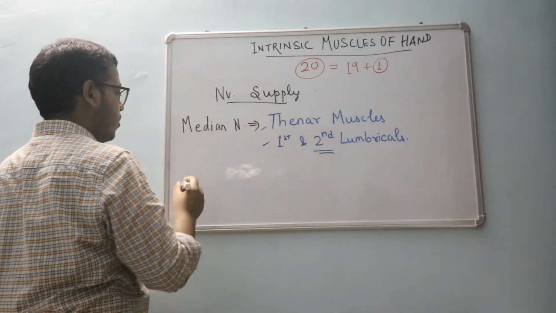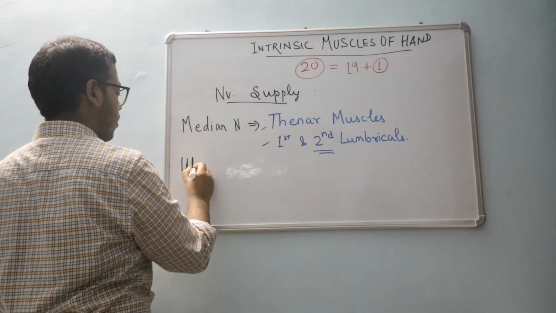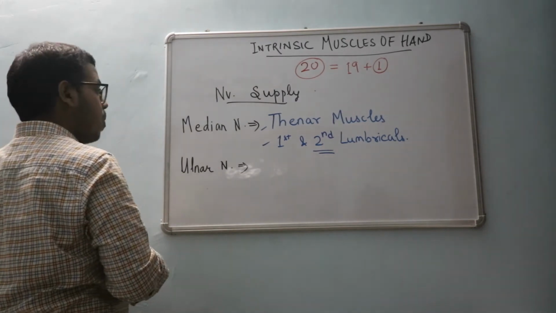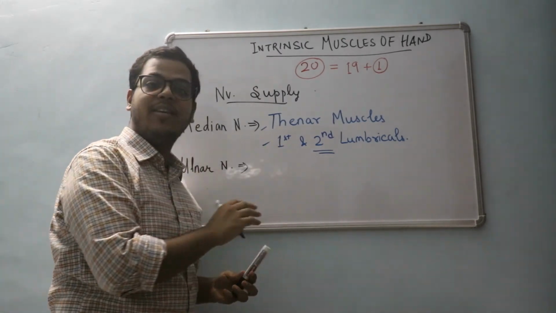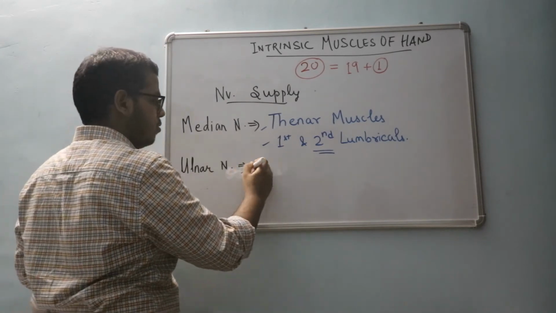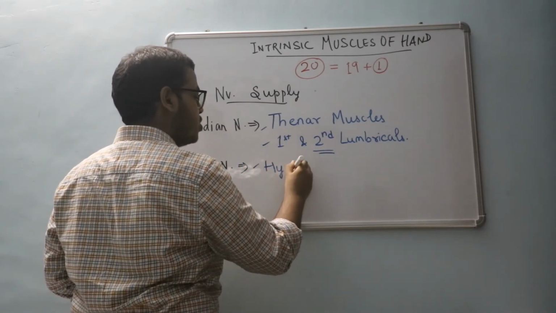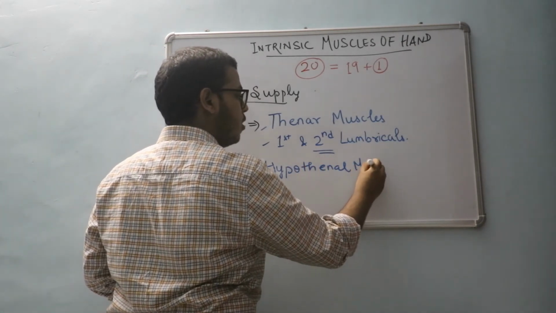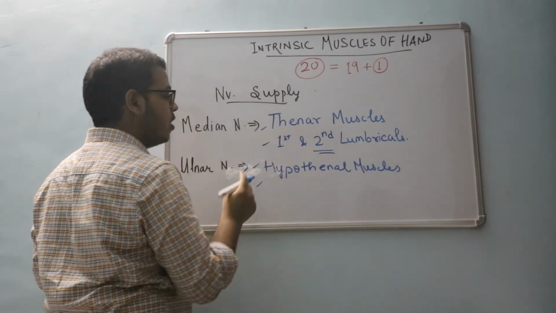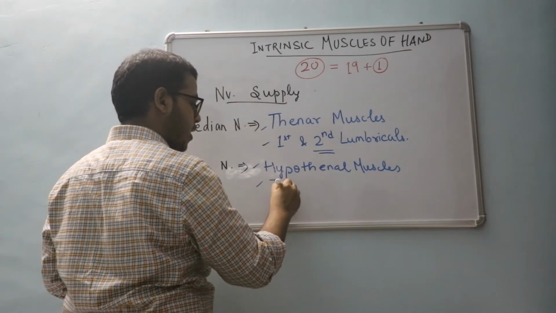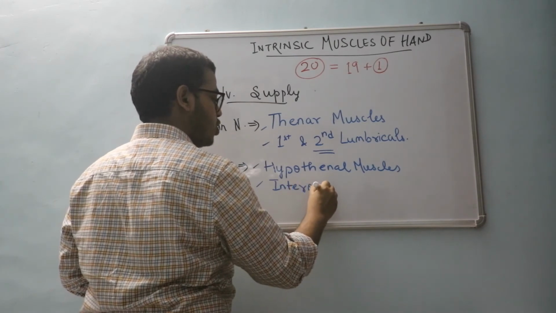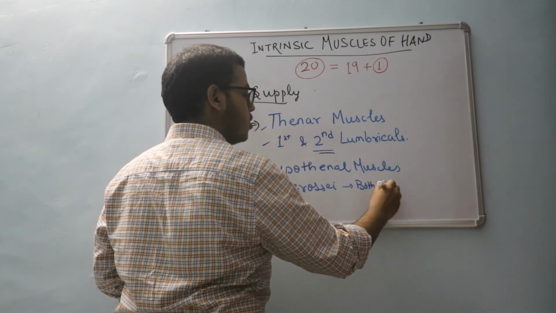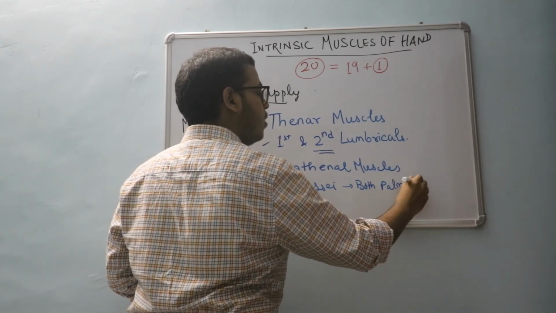So now the muscles that are supplied by the ulnar nerve. All the rest of the muscles are supplied by the ulnar nerve only. I'll still write down, just for the sake of completion, that the hypothenar muscles are supplied. Apart from that, the interossei, both palmar as well as dorsal.